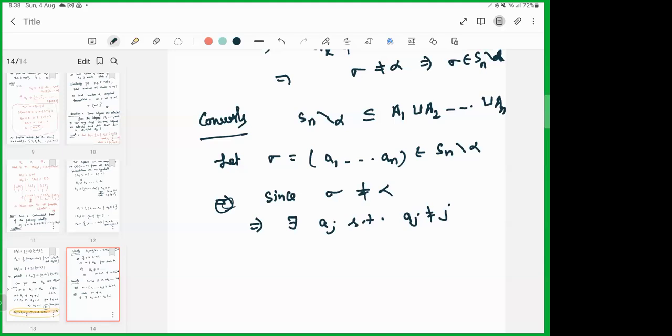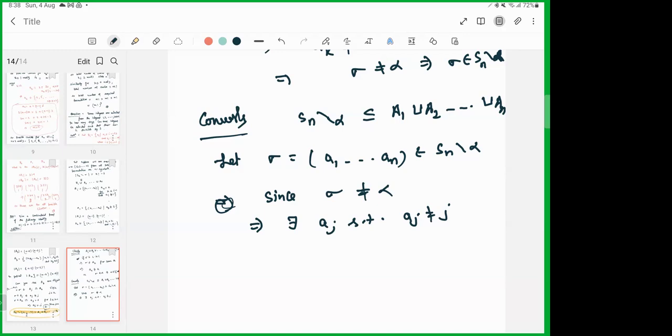So then it will be in one of the capital Ai's. It will definitely be in capital Aj, because in capital Aj you cannot have aj equal to J. But the previous term should be the same: how are you guaranteeing that Aj minus 1 is J minus 1?